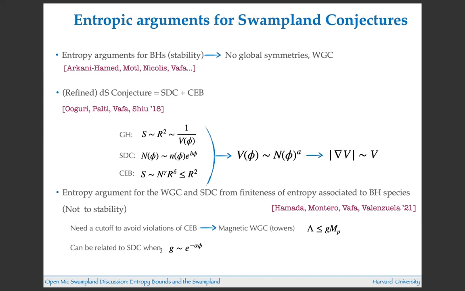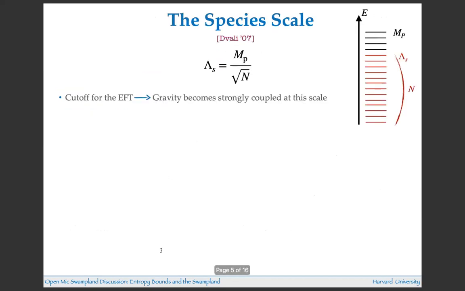The other concept that I think can play an important role here, and that it's worth mentioning so that we are all on the same page before the discussion, is the species scale. From the effective field theory point of view it may appear as a very mystic scale, because what it says is that in the presence of N light degrees of freedom coupled to gravity, the scale at which gravity becomes strongly coupled is not the Planck mass, but the Planck mass over the square root of the number of light states.